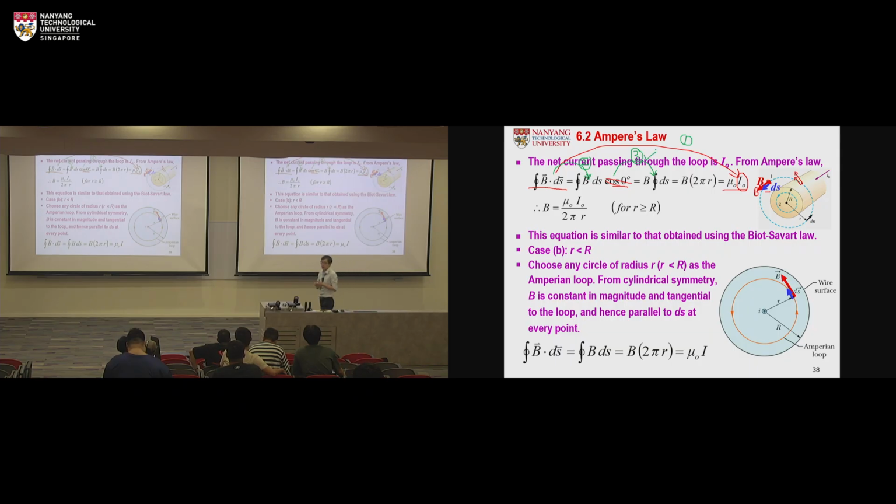What's the physical reason? Yeah, B is constant. The magnitude of B is the same for any point on this loop, right? That is why for the integration, you don't need to do anything for a constant. Instead, it's just the integration of dS.